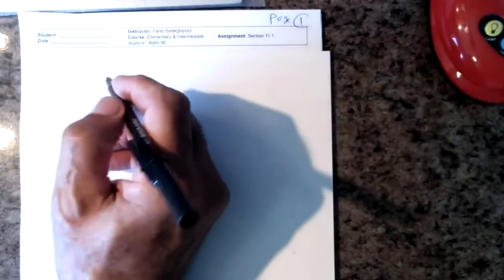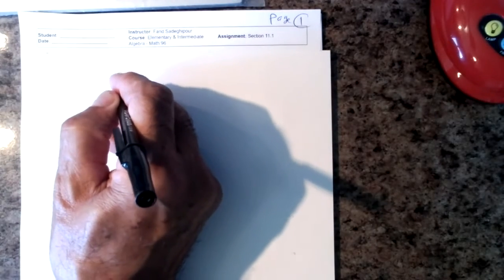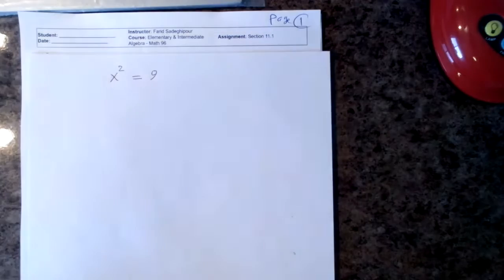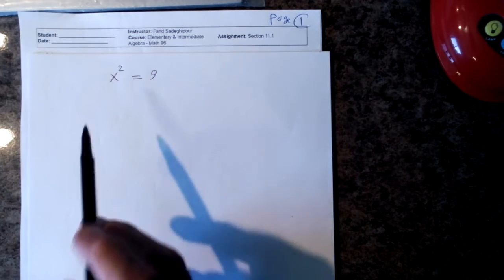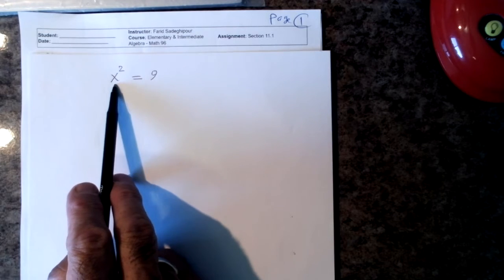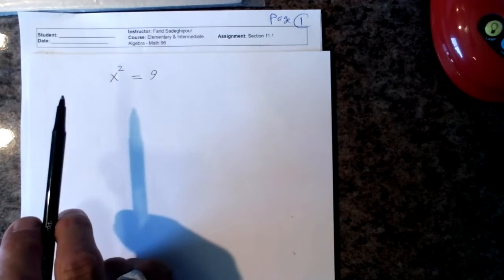When you have x to the power of 2 equal to 9, I want to see what number I need to replace for x so that when I raise it to the power of 2 it is 9.